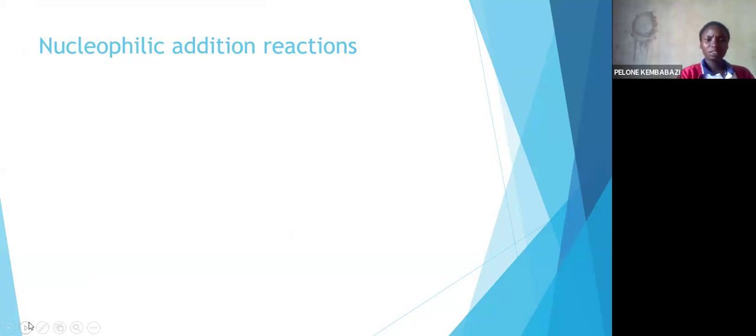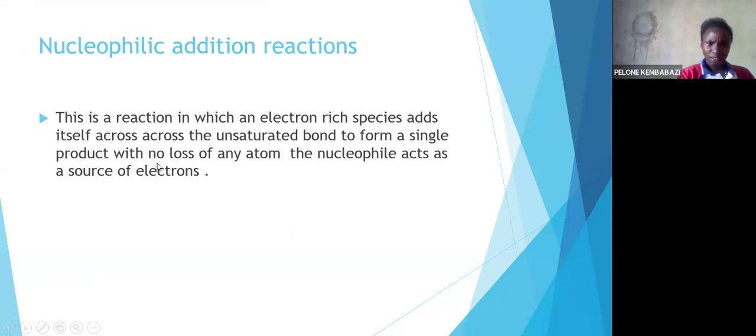I don't know if we have reached carbonyl compounds, but aldehydes and ketones undergo this type of reaction, and we shall give a reason why. By definition, this is a reaction in which an electron-rich species adds itself across the unsaturated bond to form a single product with no loss of any atom, and the nucleophile acts as a source of electrons.